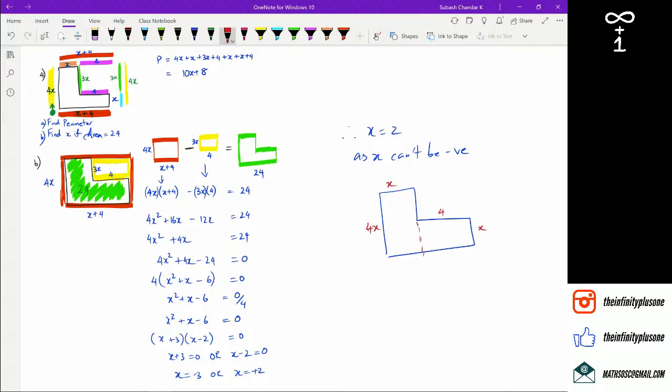So we could have cut it up that way, because then 4x times x is 4x squared, and 4 times x here is 4x. So we've got 4x squared plus 4x equals 24. And that's where this question goes on from.